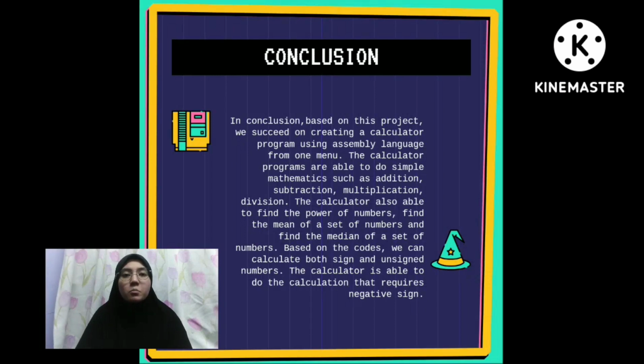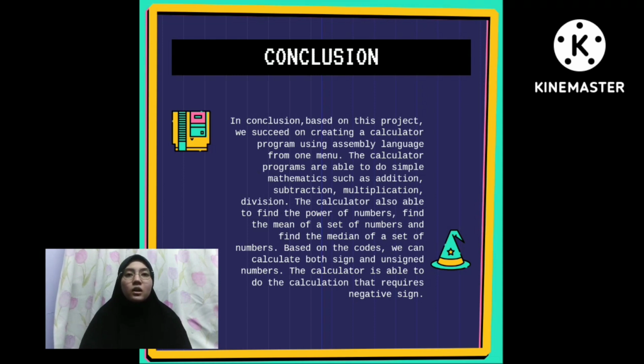In conclusion, based on this project, we succeeded in creating a calculator using assembly language. This calculator can do simple mathematical tasks such as addition, subtraction, multiplication, and division. This calculator is also able to calculate the power of numbers, the median of a set of numbers, and the mean of a set of numbers.